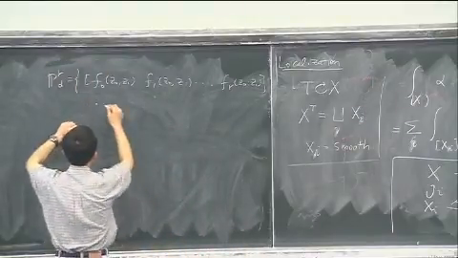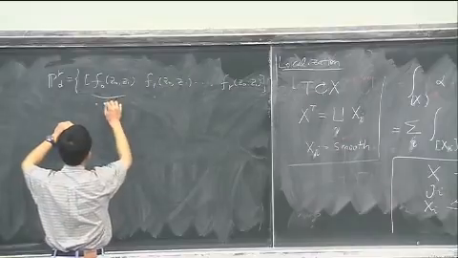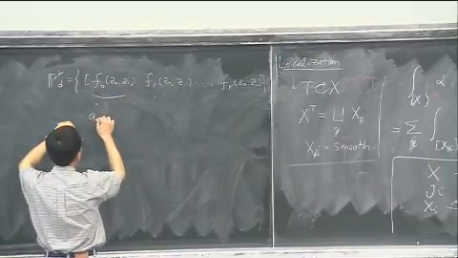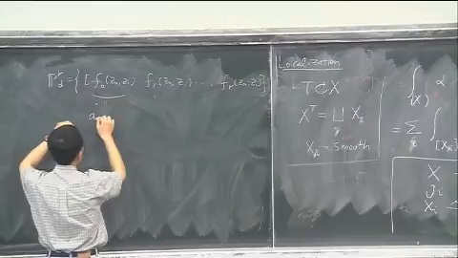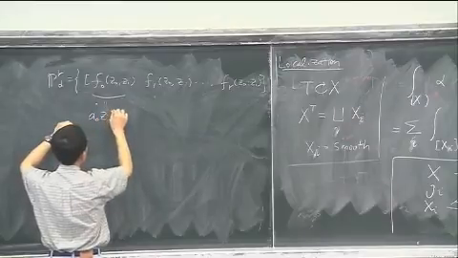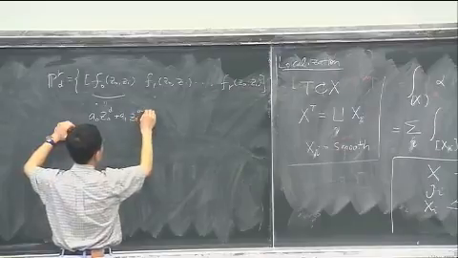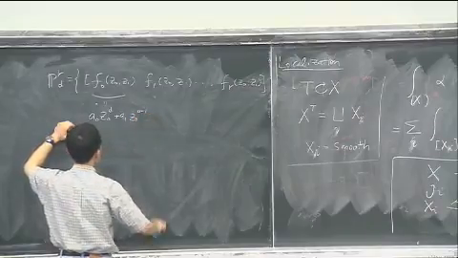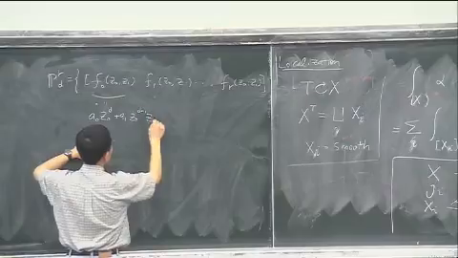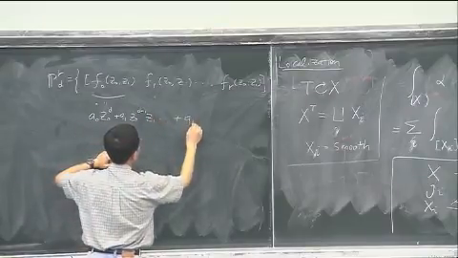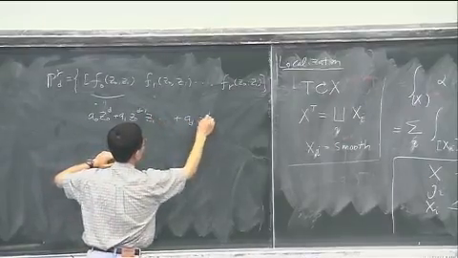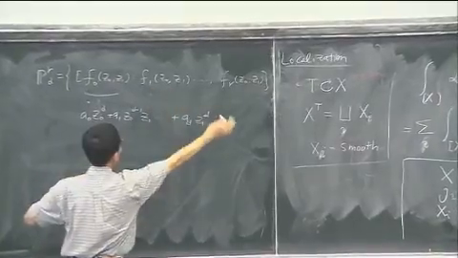Each one of these can be written as maybe A0 Z0 to the D, plus A1 Z0 to the D minus 1 Z1, up to AD Z1 to the D. And then this one you can write again.